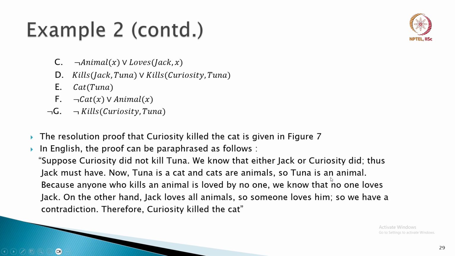So Tuna is an animal. Because anyone who kills an animal is loved by no one, we know that no one loves Jack. On the other hand, Jack loves all animals, so someone loves him. So we have a contradiction. Therefore, Curiosity killed the cat. So that's what we are trying to prove by taking the negation of this and adding it to this.